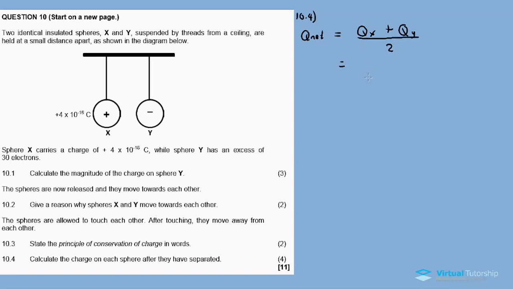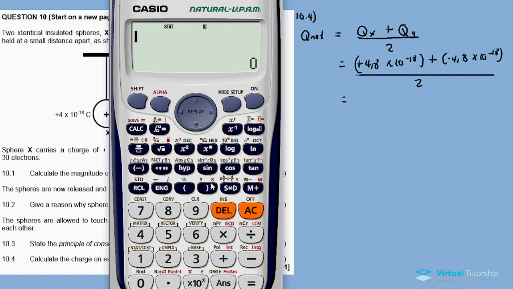So the charge on X is positive 4.8 times 10 to the exponent minus 18 plus minus 4.8 times 10 to the exponent minus 18, divided by 2. Let us calculate.